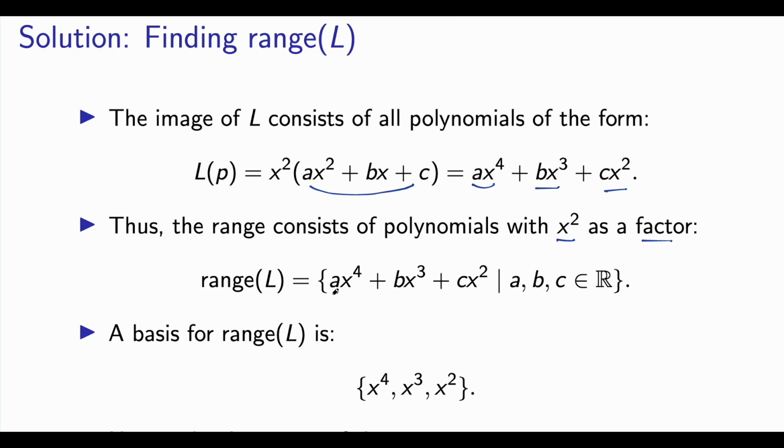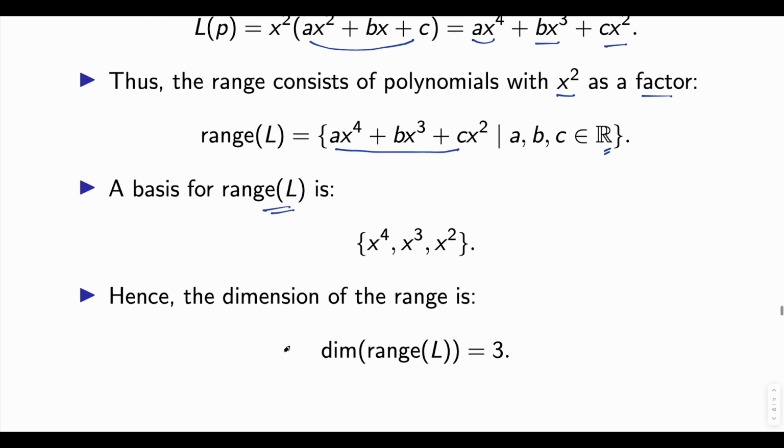So range L will be this polynomial where a, b, and c come from the real field, right? So what is the basis for this range? If you see, the basis for this range is x squared, x cubed, x to the fourth, right? Hence, what is the dimension of the range? And you can prove these sets are linearly independent.